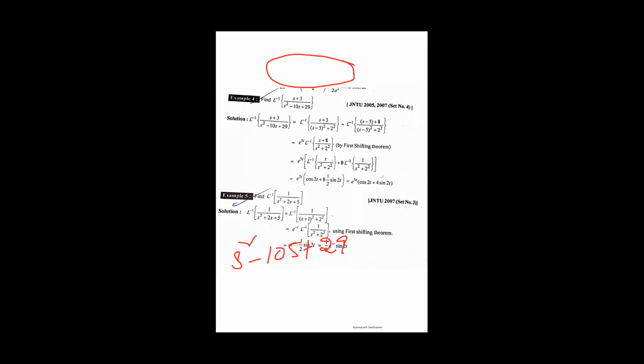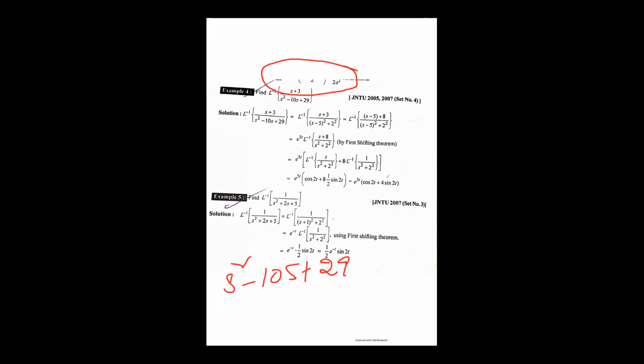It is converted as a minus b whole square because the coefficient of s is negative, so a square minus 2ab is possible, since in the middle term the coefficient of s is in negative position. So we have to convert it as a minus b whole square.